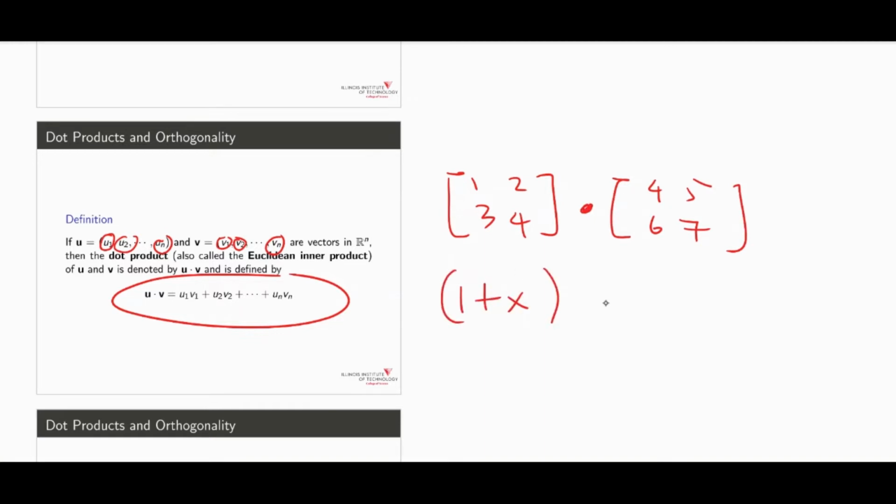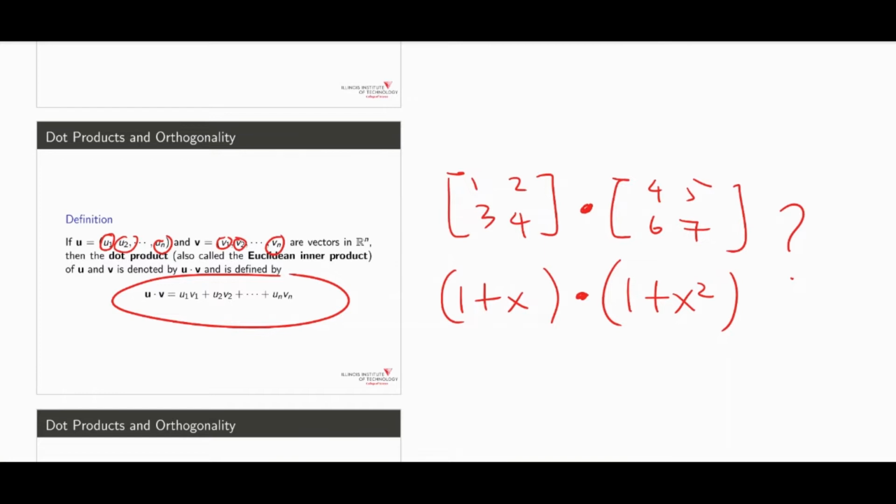Now, let me ask you a quick question right here. If you have a matrix, let's say 1, 2, 3, 4, and then another matrix 4, 5, 6, 7, what is the dot product between these two matrices? If you have a polynomial 1 plus x, and then another polynomial 1 plus x squared, what is the dot product between these two polynomials? Well, the answer is we can't talk about the dot product like this.